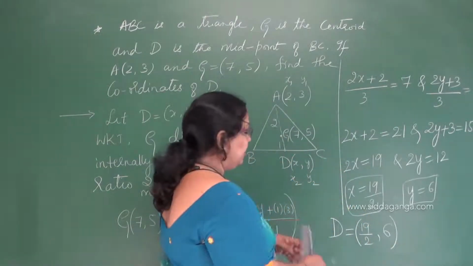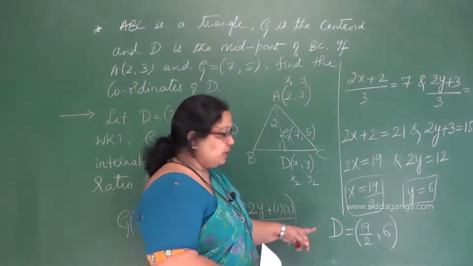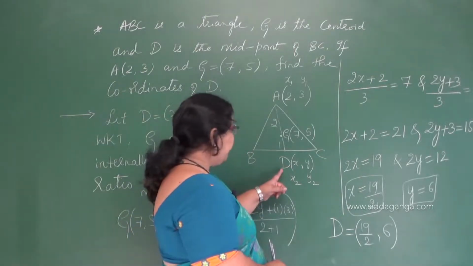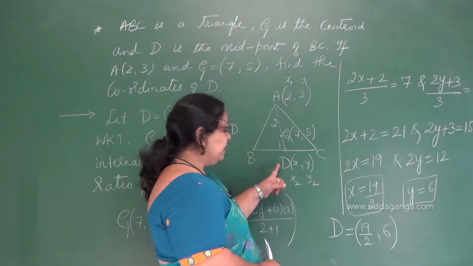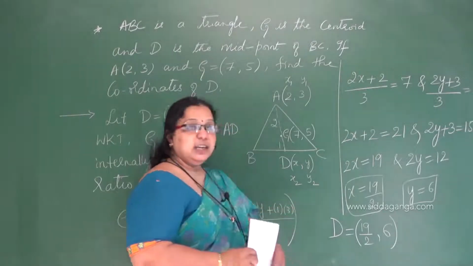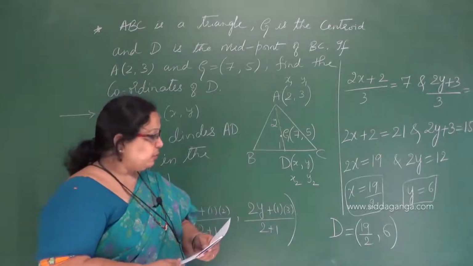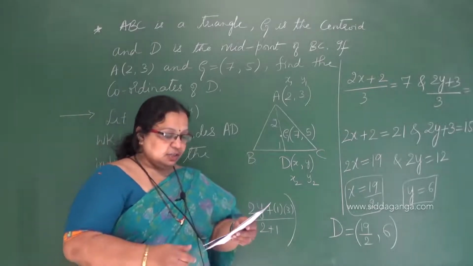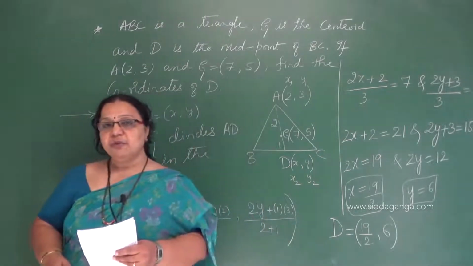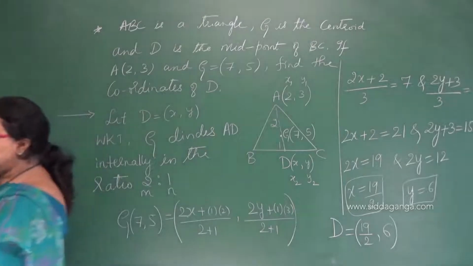That is the midpoint of BC, that is D. So D equals 19 by 2 comma 6.